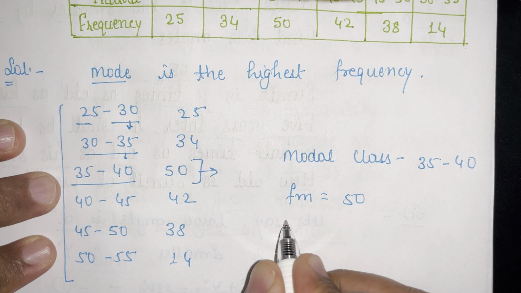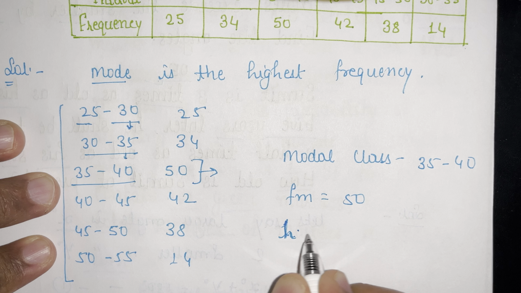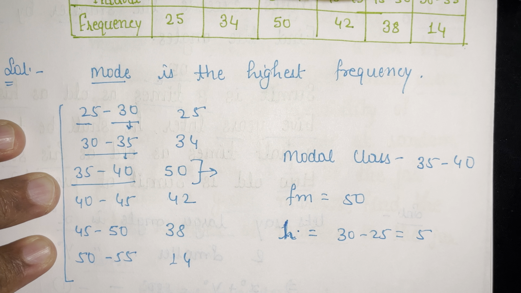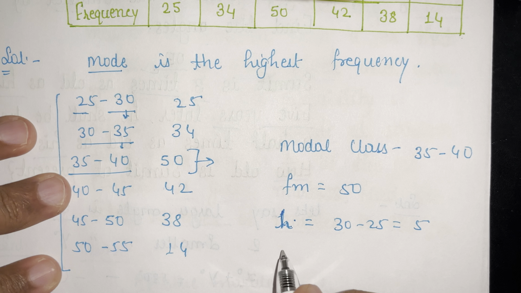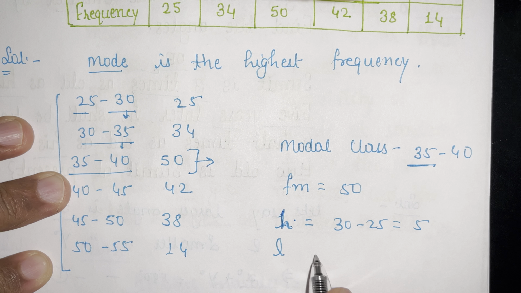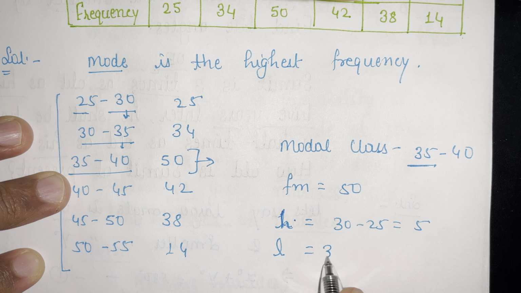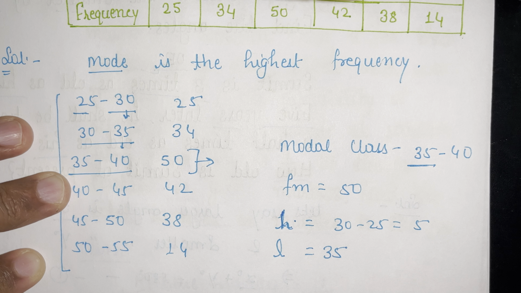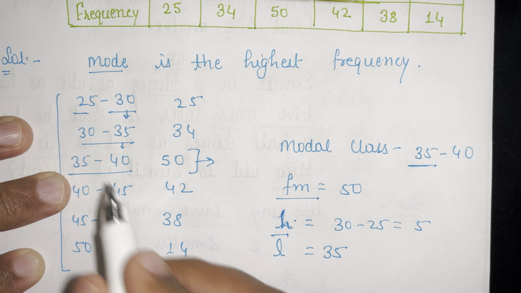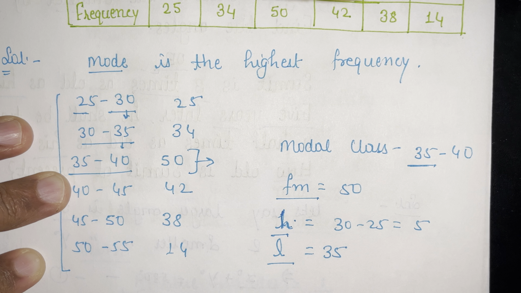So height will be 30 minus 25, equal to 5. From the modal class, the lower limit will be 35.